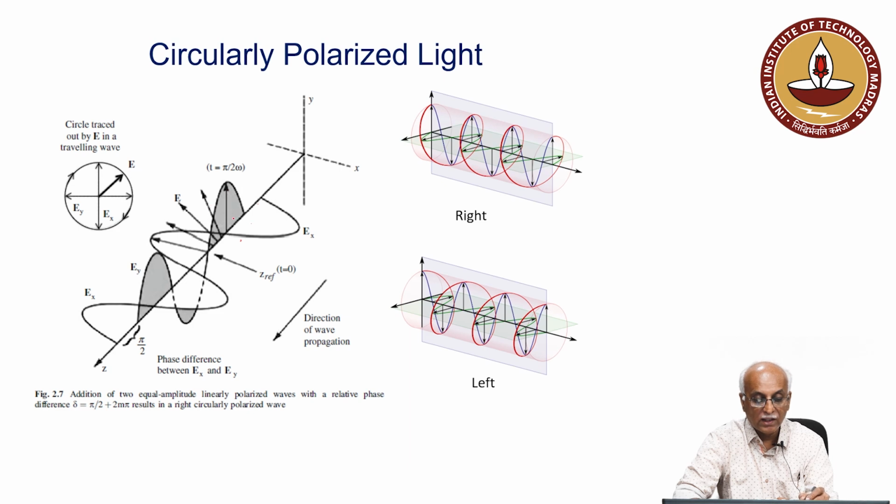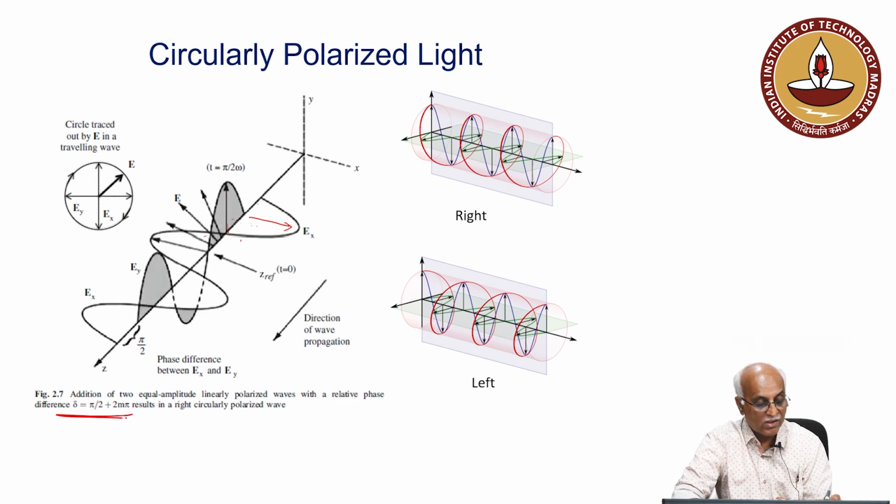These two electrical field vectors are perpendicular to each other, and at the same time there is a phase difference of pi by 2 or pi by 2 plus 2 m pi, where m is an integer.